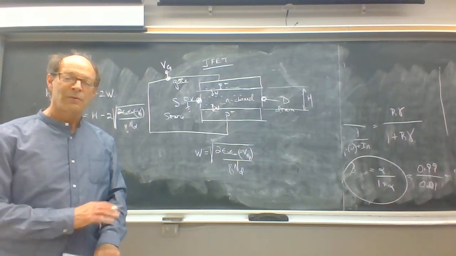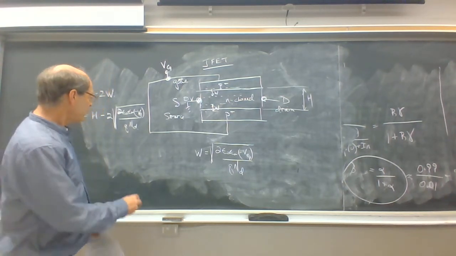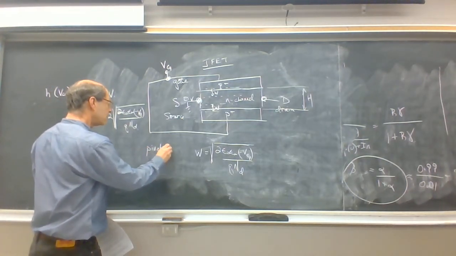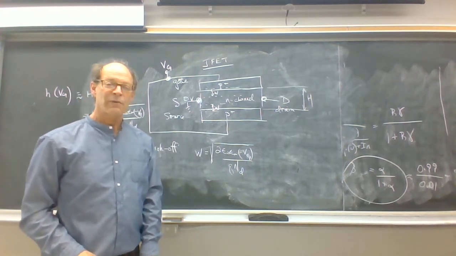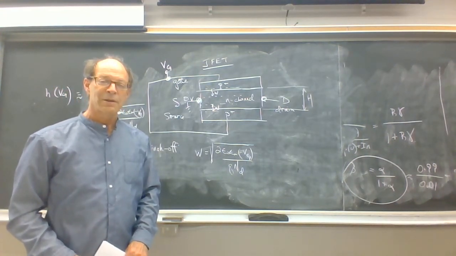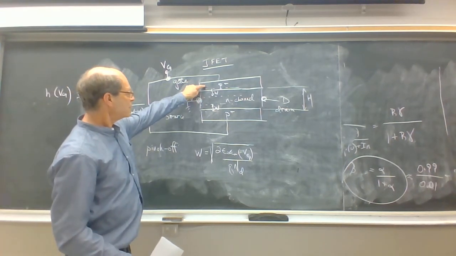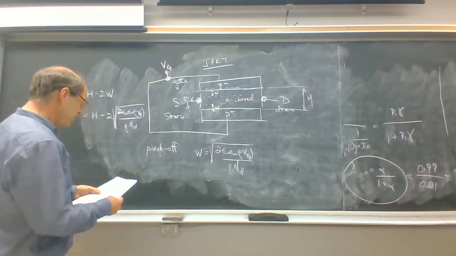So you can reduce the channel thickness to 0, and we call that condition pinch-off. You can pinch off the channel with a sufficiently large reverse bias between this P region and this N region.